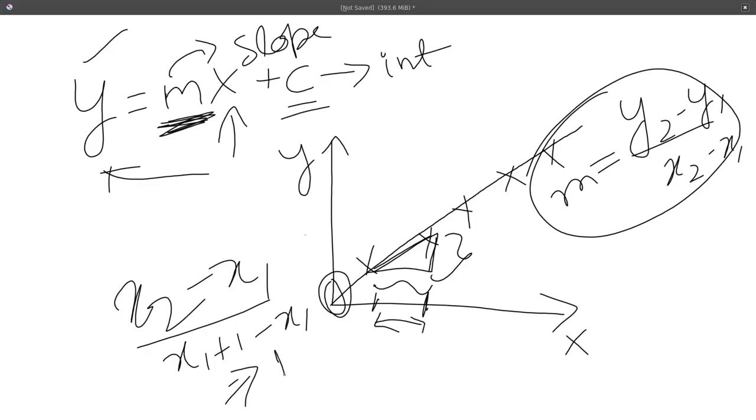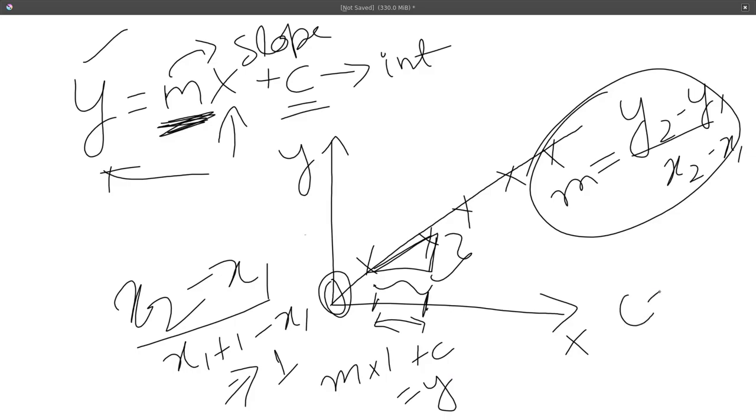This basically is 1, right? So if this is 1, then m into 1 plus c is equal to y, right? So this gives us y is equal to m plus c.